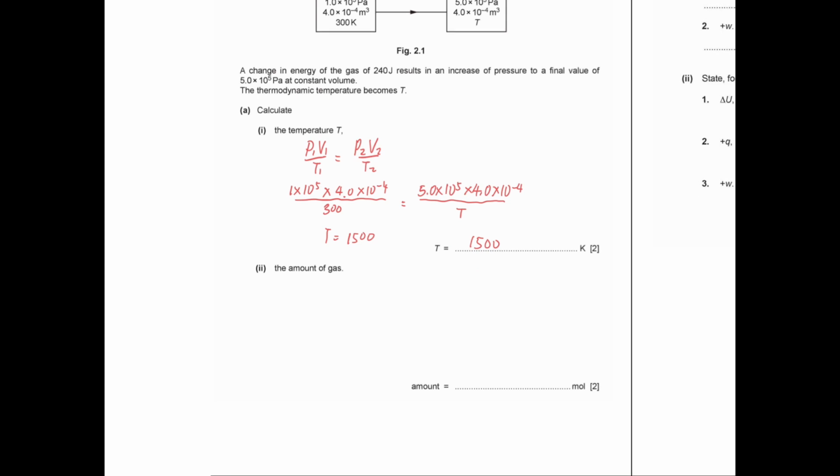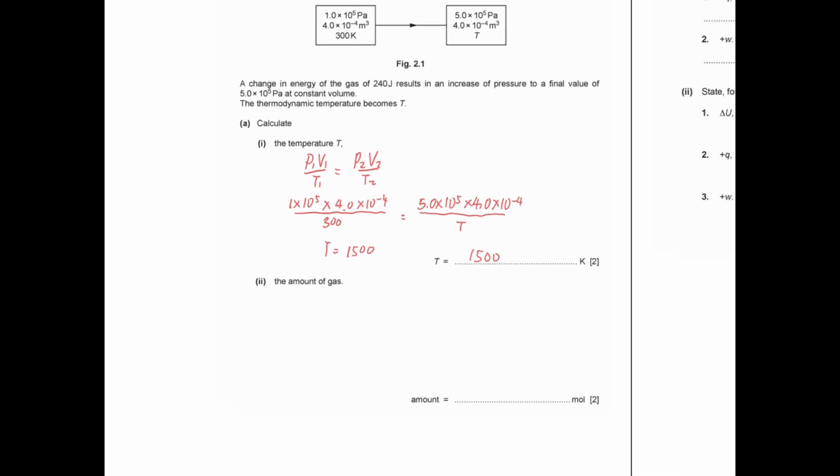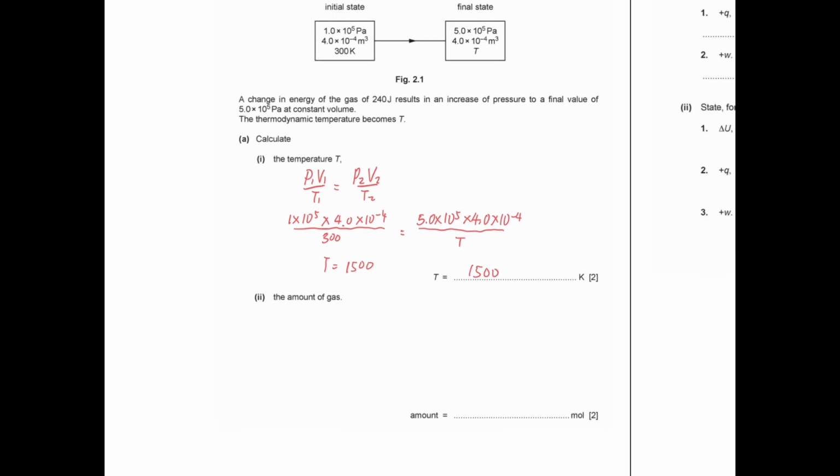Now the amount of gas means n, the number of moles. So we can use PV equal to nRT. Let's say I stick to the initial state. You either use the initial state or the final state. It's up to you. Use either one, but don't mix. You will get the same answer after all.